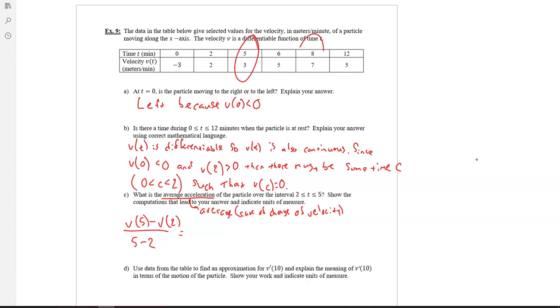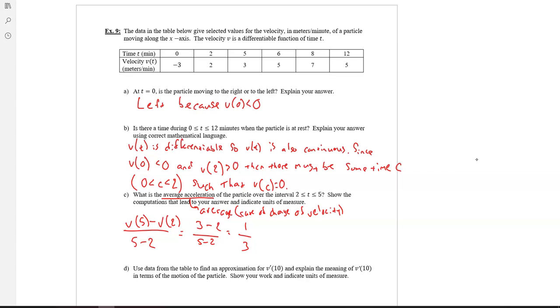Yeah, 5, 3, and 2, 2. So at 5, we're at 3. At V of 2, we're at 2. So it's 3 minus 2 there, over 5 minus 2. So we get 1 over 3. Show the computations that lead to your answer, and indicate units of measure. Charlie, good job there.